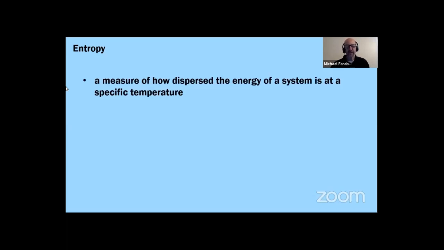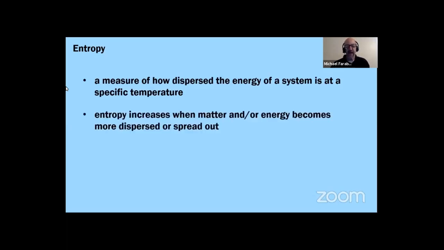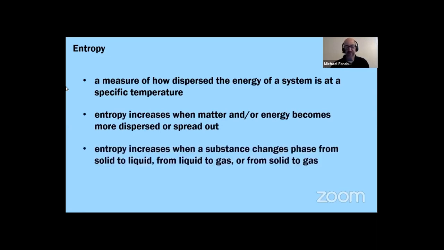Entropy is a measure of how dispersed or spread out the energy of a system is at a specific temperature. Entropy increases when matter and/or energy becomes more dispersed or spread out, and we're focusing on the particles of matter or the energy itself.